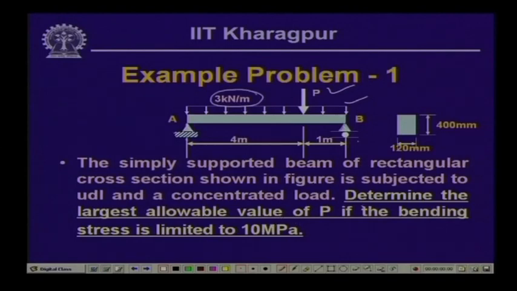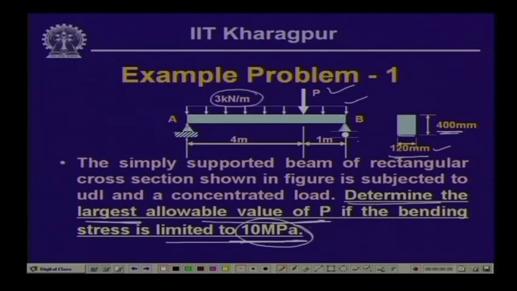Now, what we need to do is that we will have to determine the largest allowable value of P if the bending stress is limited to 10 MPa, and here the cross section of the beam is a rectangular one having width 120 millimeter and depth as 400 millimeter. Now, as usual we evaluate the reactive forces.